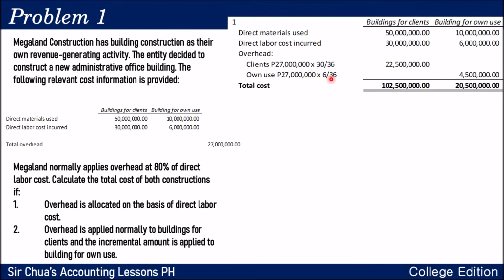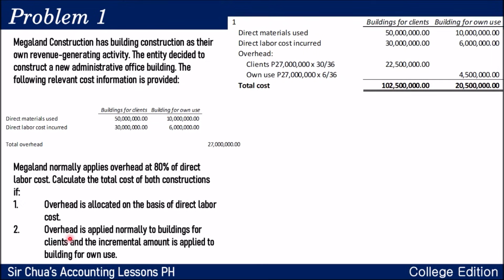So, ang mapupunta pong overhead na allocated for the buildings for clients is 22,500,000, and then for own use naman po is 4,500,000. Magkano po yung building for own use natin? 20,500,000. How about the buildings for clients? 102,500,000. Okay, di ba? Easy lang.